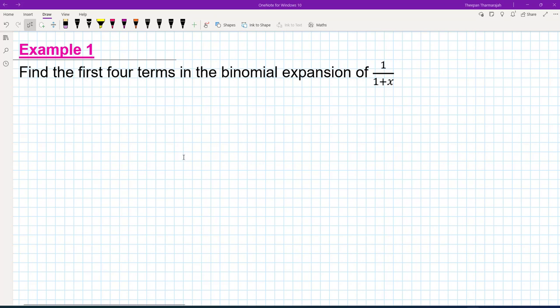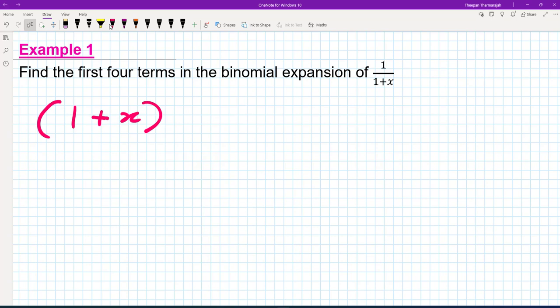In these videos, we're going to look at how we use the binomial expansion when you have a negative or a fractional power, which gives us an infinite series. We want all of our brackets to look like this: 1 plus x, or it could be 1 plus x over 2 or 1 plus x over 5.